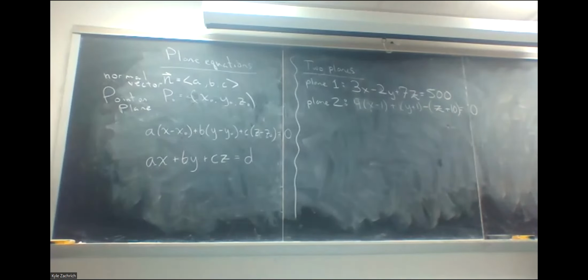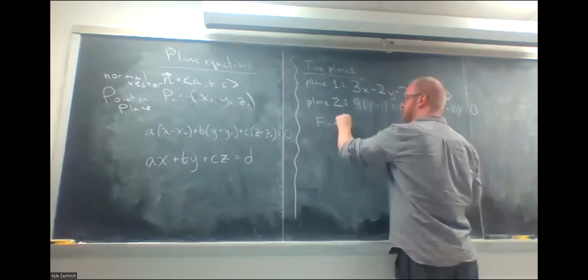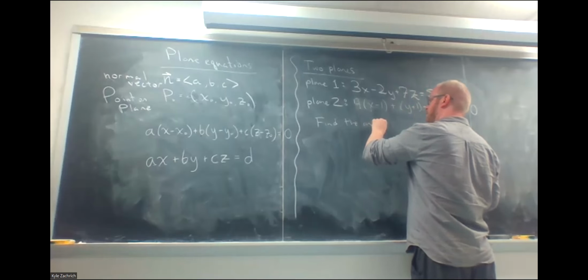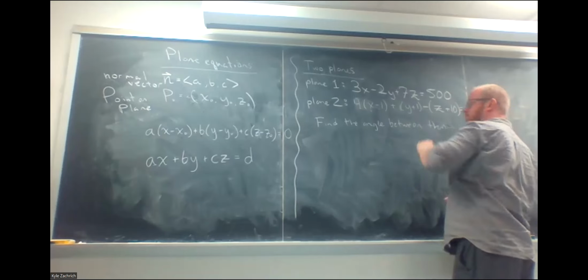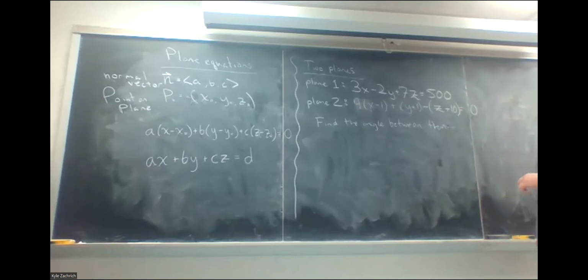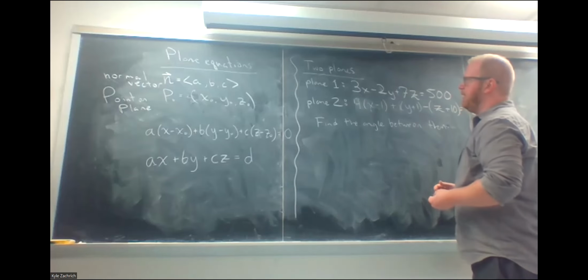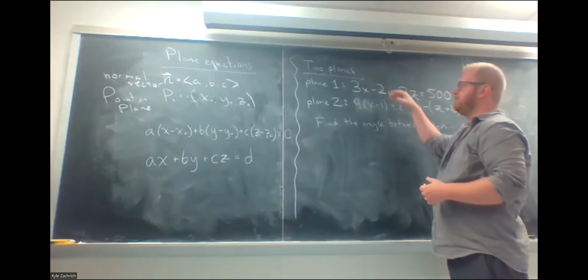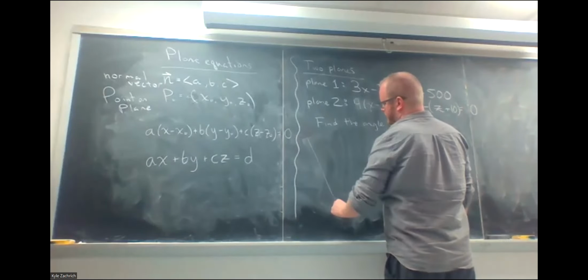We're trying to find the angle. Your formula says that you should first find the normal vectors of these two planes and then figure out the angle between those normal vectors. Because the argument goes something like this.